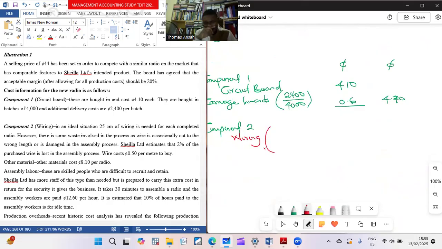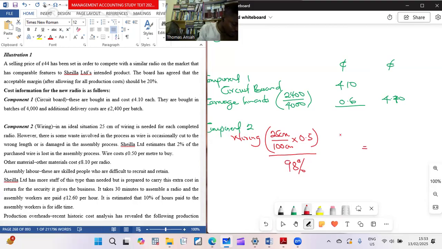So you have in here 2.25 centimeters. Since we are given 0.5 per meter, we need to divide it by 100 so that we can multiply it by our 0.5. That is the numerator. All divided by 100 minus the loss, so that will be 98%. So we need to work that one out and get our pricing.